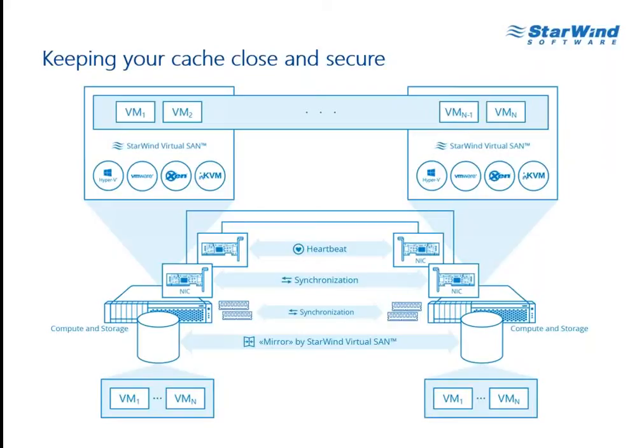So you only confirm the data when it is cached on both sides, not on just one side and in the storage. This way we can use write-back cache and maintain it fault tolerant. So even if one server fails unexpectedly, you don't need to power it off softly, you can just toss the power cable out. The second server will have the same data in the cache no matter what.